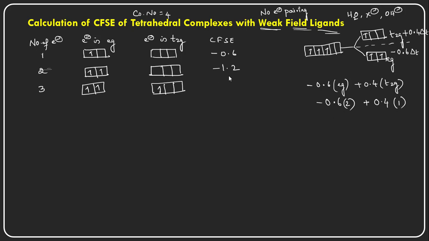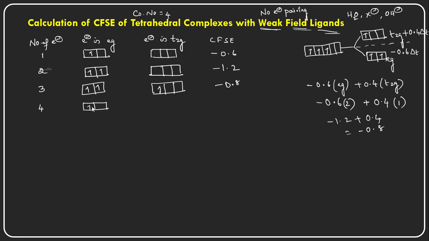So this value we already calculated, minus 1.2 plus 0.4. So here sign conventions are opposite. This is the minus symbol and this is the plus symbol. So if we remove 0.4 from minus 1.2, we will get minus 0.8. This is the crystal field stabilization energy value for the 3 electrons present in the d orbitals.